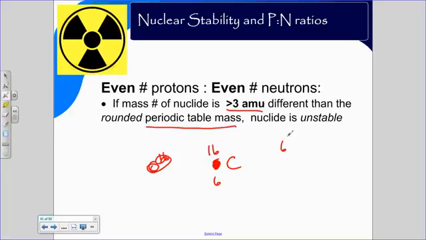In carbon-16 we have 6 protons, and we have 10 neutrons. Okay? The average atomic mass of carbon is 12.01. If the nuclide mass number is greater than 3 AMU different from the rounded periodic table mass 12, and it's even, then this would be unstable. So if it's even, and our mass number of our nuclide is 3 or more different than the rounded periodic table mass, the nuclide is unstable.